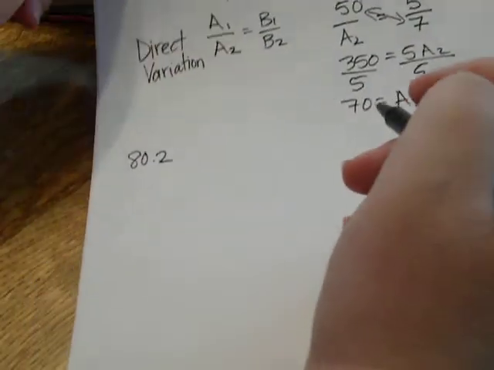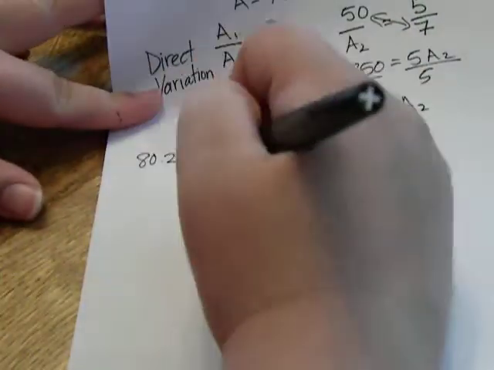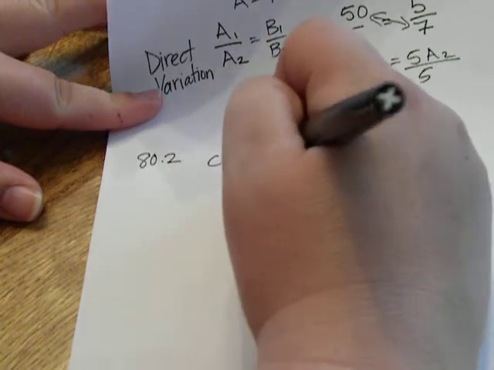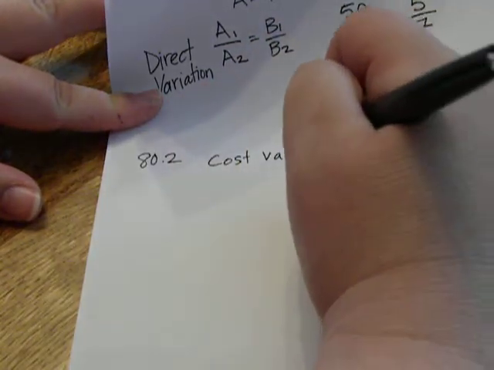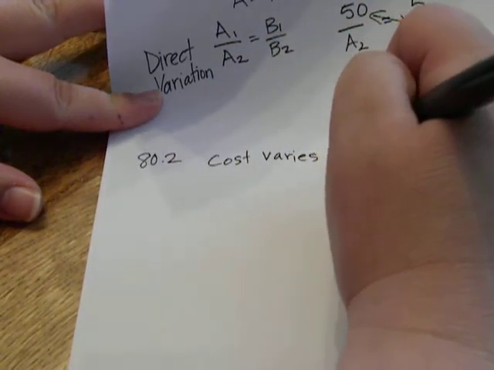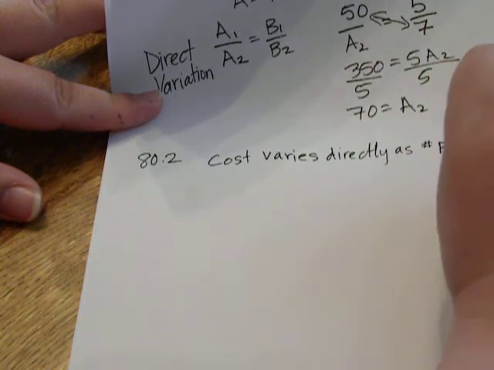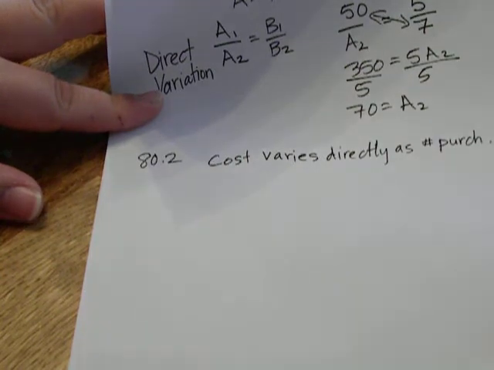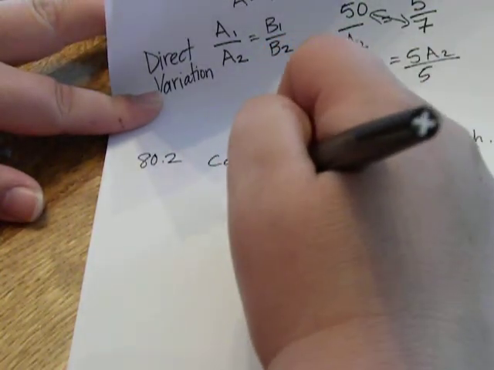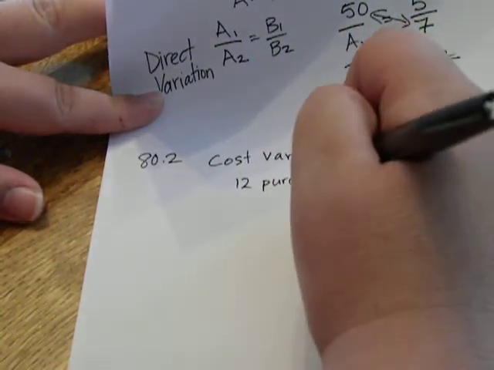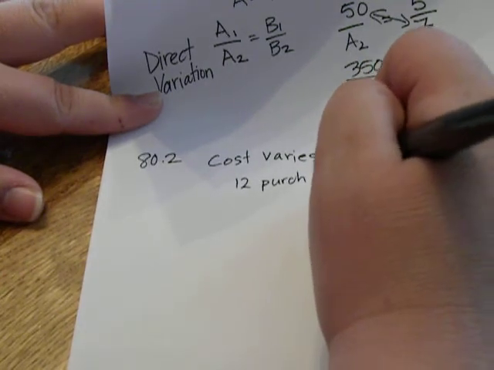Example 80.2 says cost varies directly as number purchased. Okay, 12 can be purchased for $78.